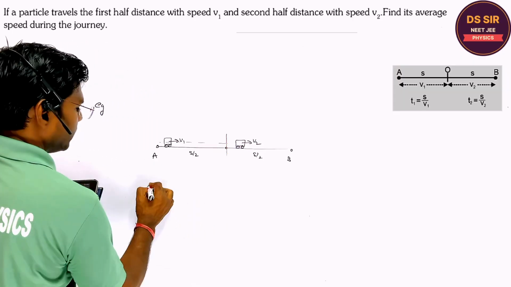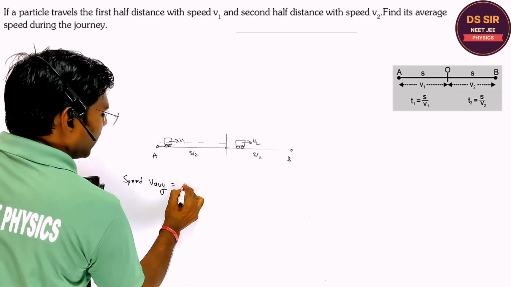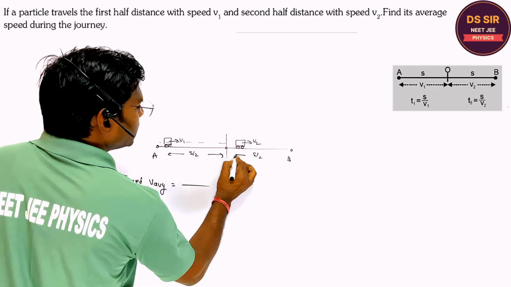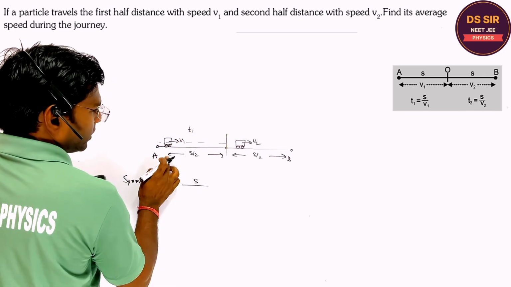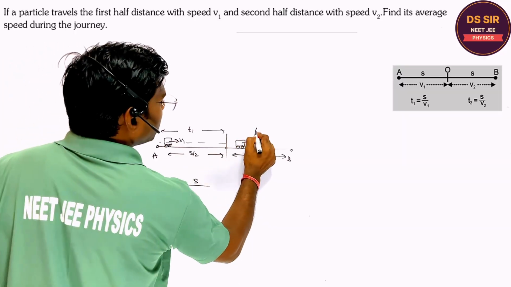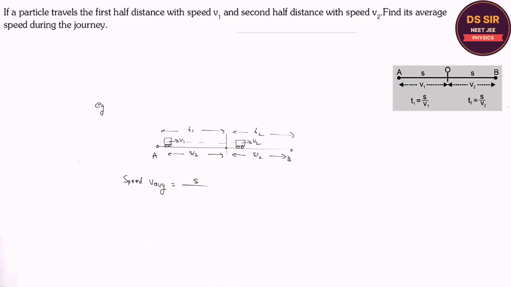Find the average speed. Average speed is defined as the total distance divided by total time. Listen, the speed is different, so the times t1 and t2 will also be different. Is it clear or not, you tell?